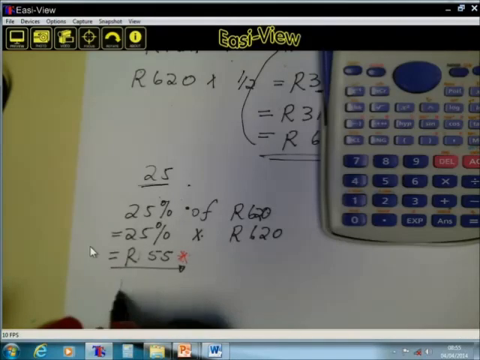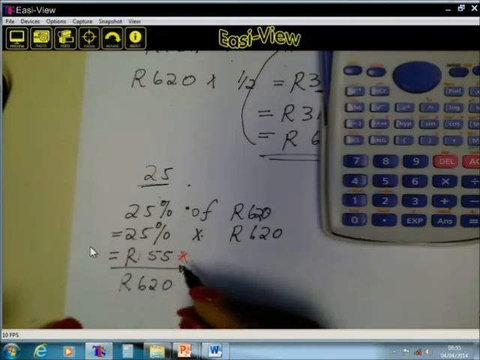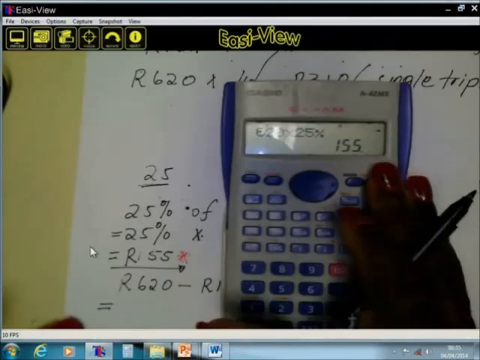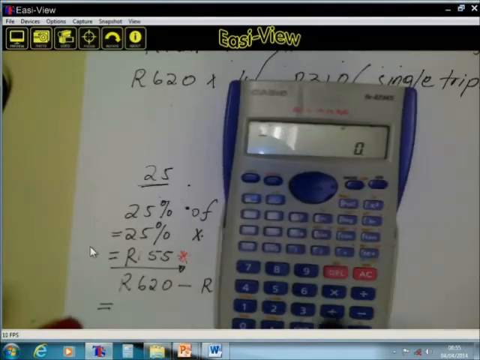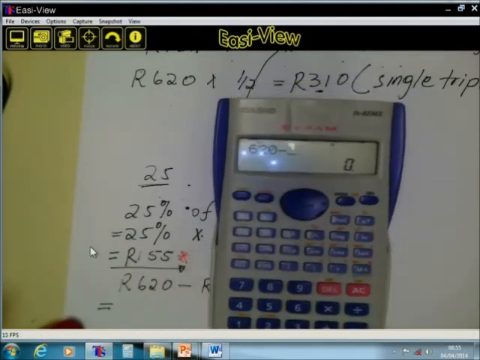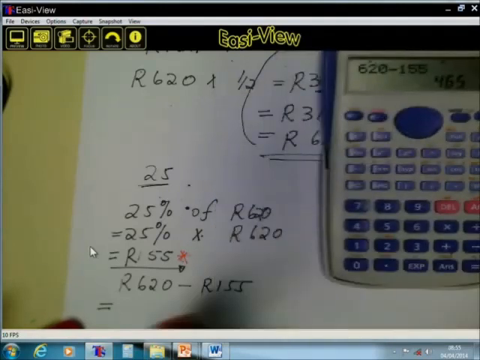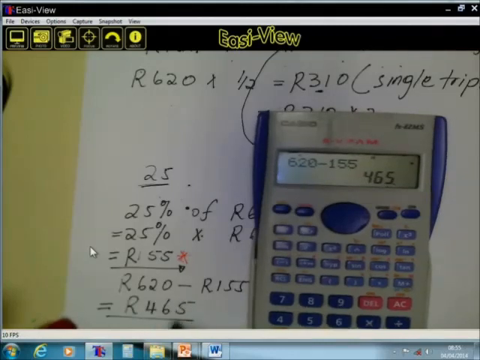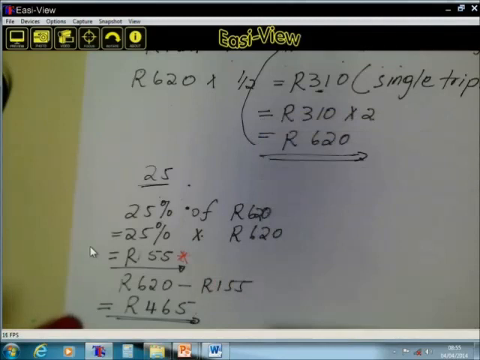Meaning that the next step will be 620 subtract 155, which will give you the exact fare price of the senior citizens. 620 subtract 155. So the senior citizens are paying 465.